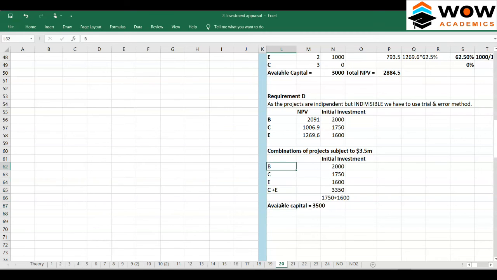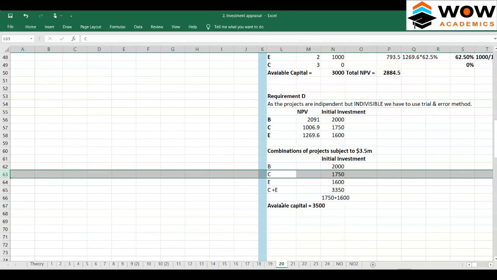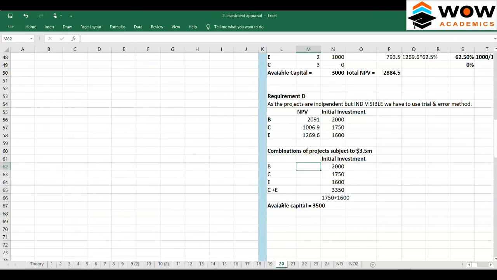So you can choose any of these. Let's see the NPV for these. We'll get an idea.